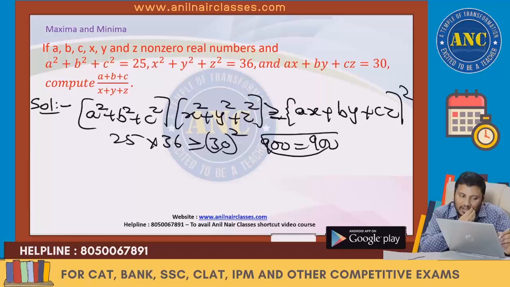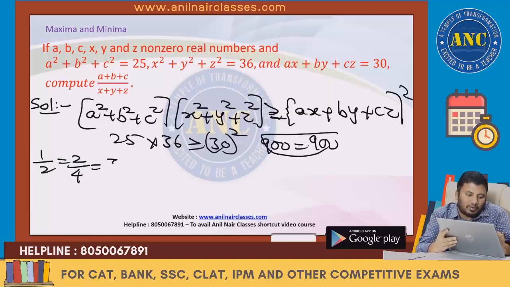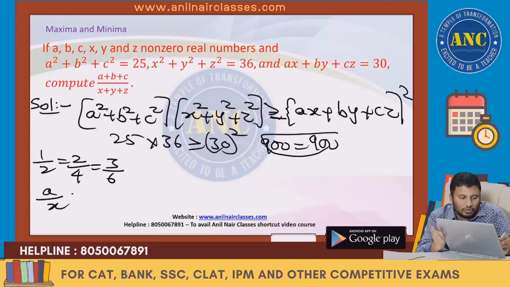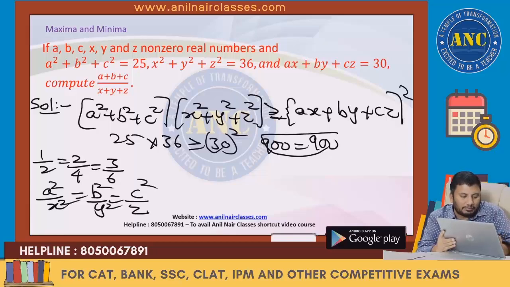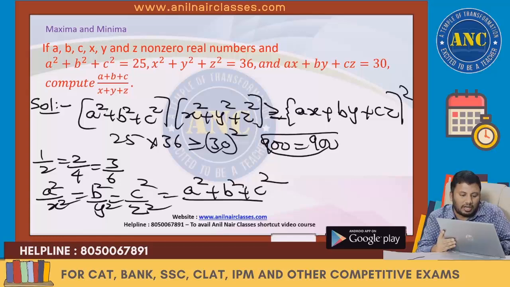So can I say 1 by 2 equivalent to 2 by 4 equivalent to 3 by 6. Similarly, A by X equivalent to B by Y equivalent to C by Z. Square it. It is also equivalent to A square plus B square plus C square divided by X square plus Y square plus Z square.